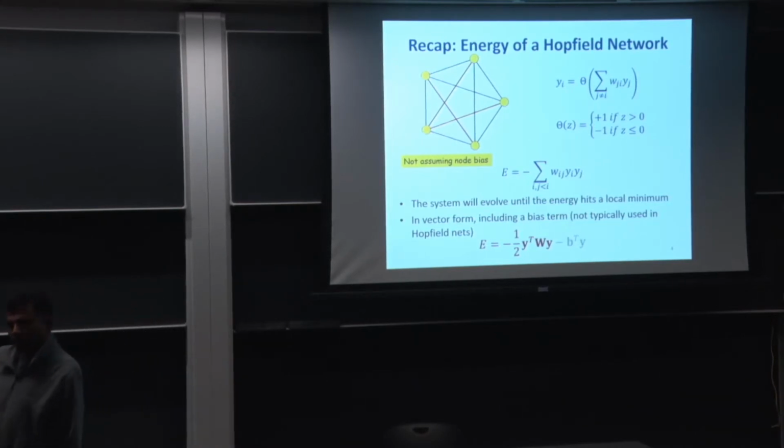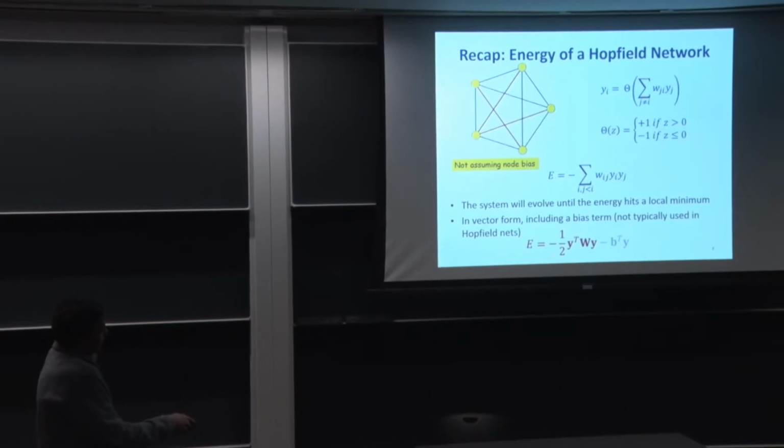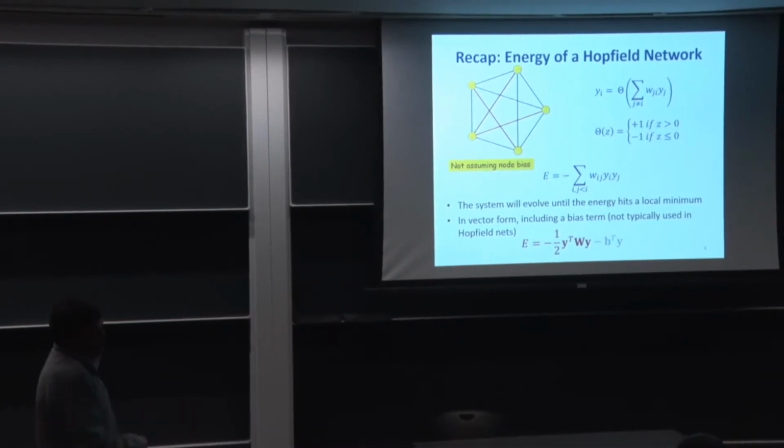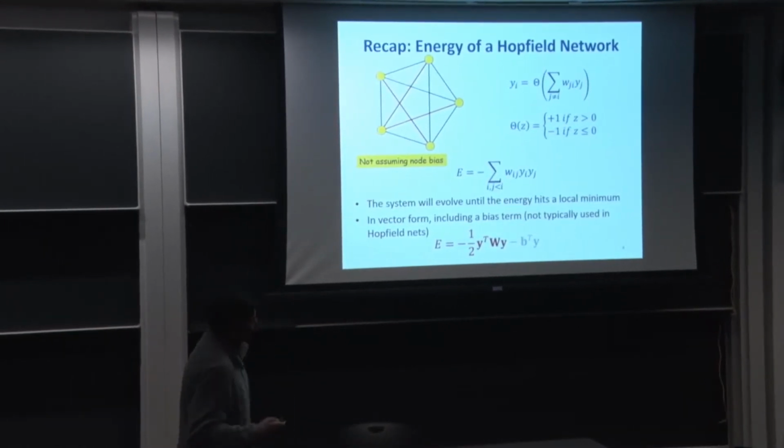So this is simply the linear algebraic form of writing exactly this energy term, and the network will continue to evolve, and each evolution is going to reduce this energy.